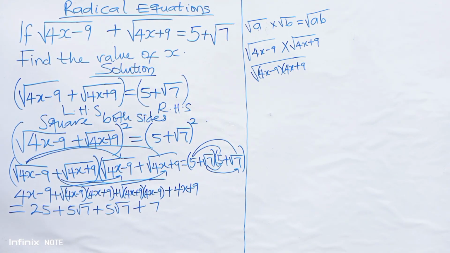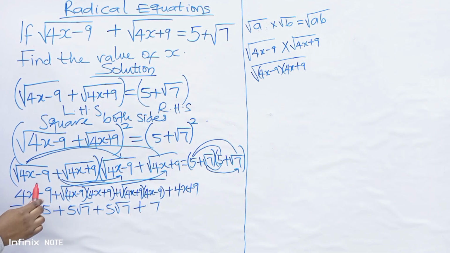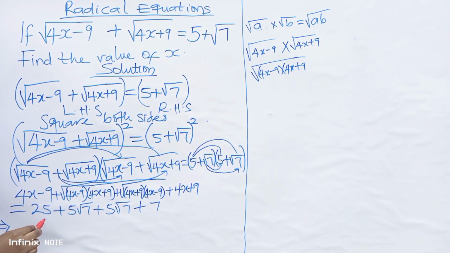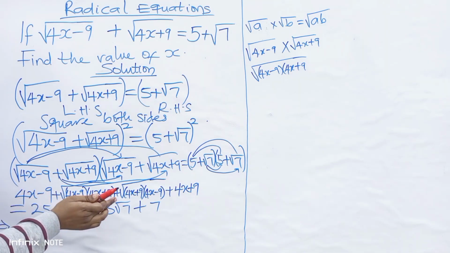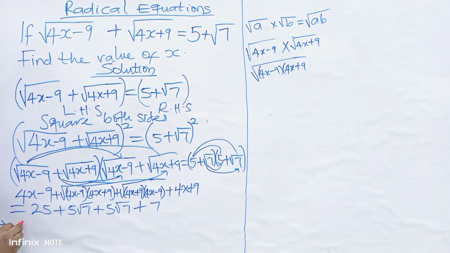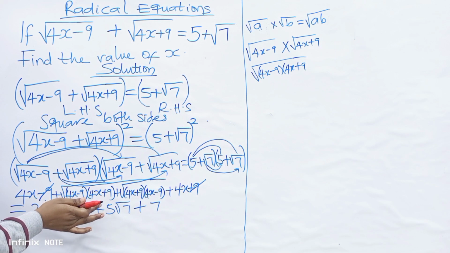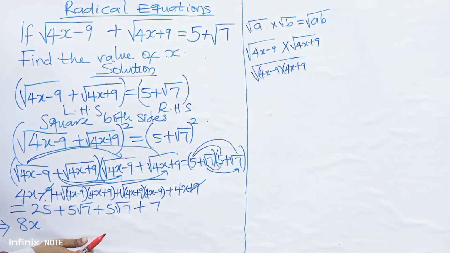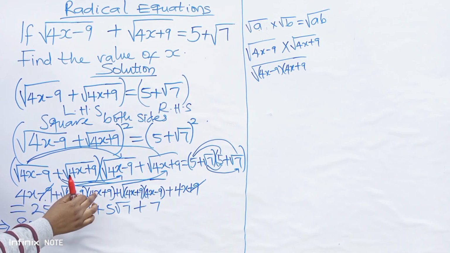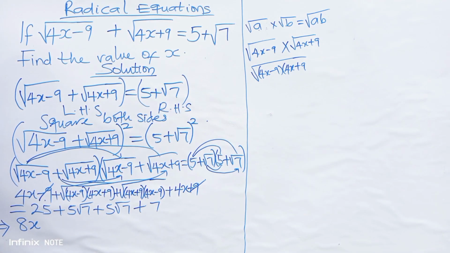Now from here, what are we still going to do? Let's collect like terms. So collecting like terms will give me, I have 4x here plus 4x here. So that will be 8x. Minus 9 plus 9. They are going to cancel each other. Here, the expression inside is the same and we are adding. So that will be 1 of this one plus 1 of this one, making how many? 2.